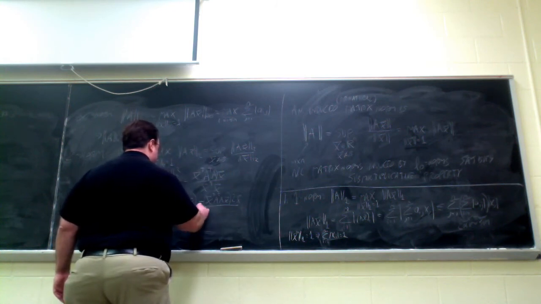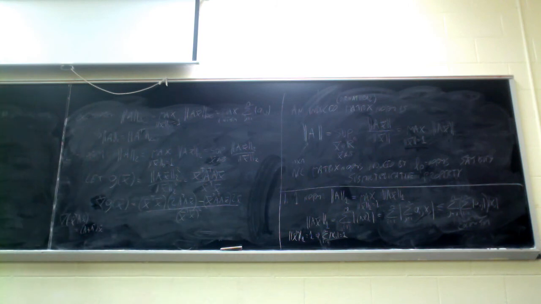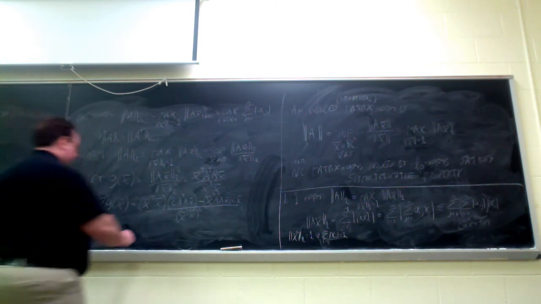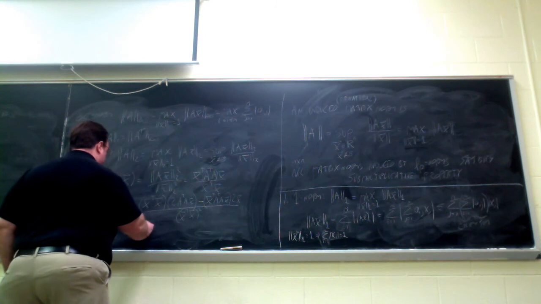all over x transpose x squared. What we could do is factor out a 2 over x transpose x.